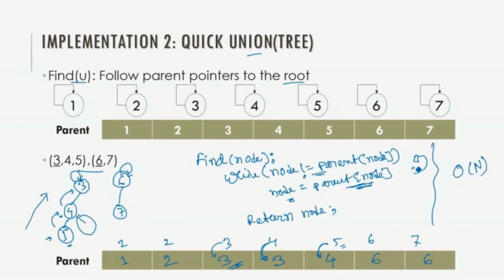So in the worst case, we may get a tree like this: 1, 2, 3, 4, and 1 is the root of this tree. To find the representative of n, we need to traverse through all the n edges, so the complexity will be n.